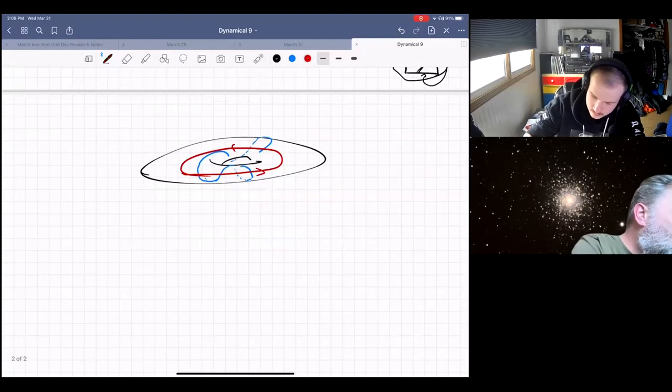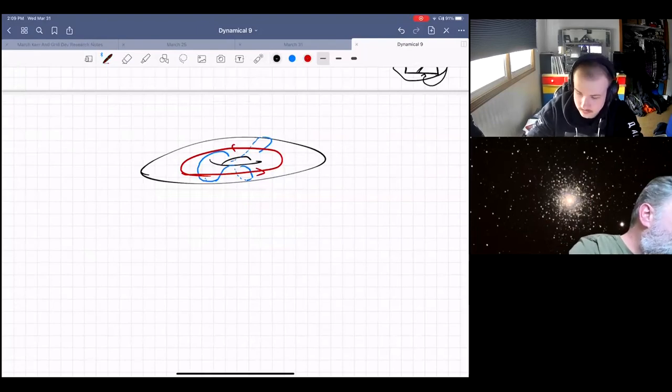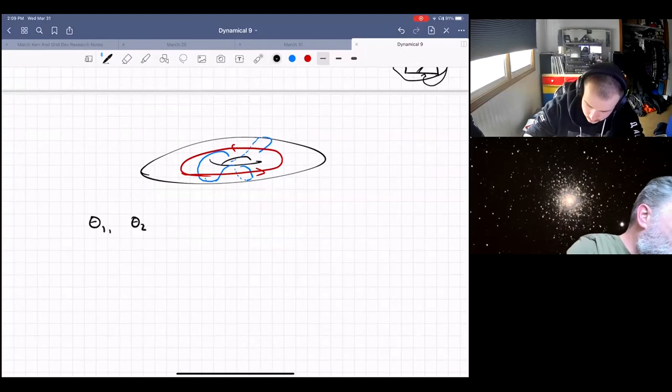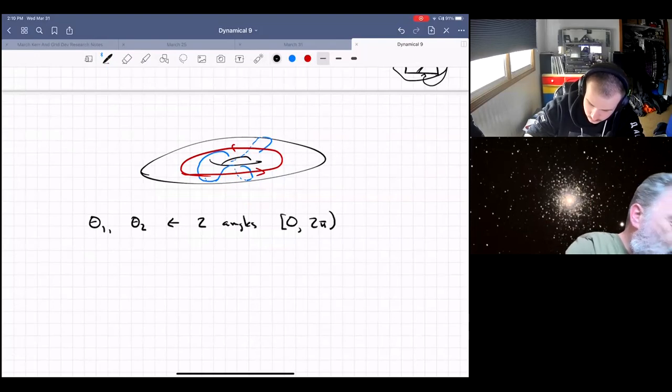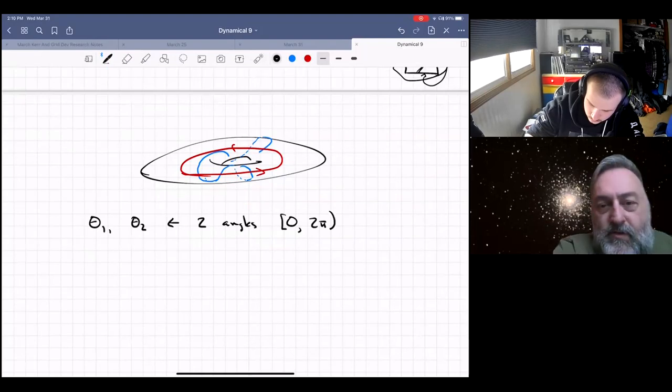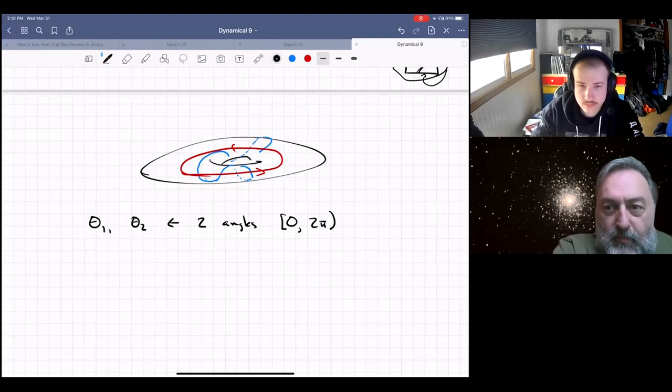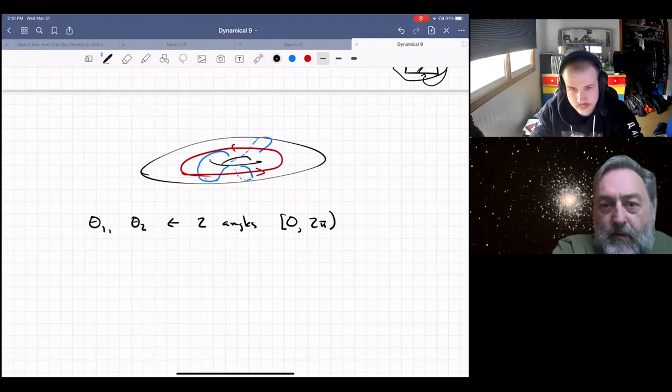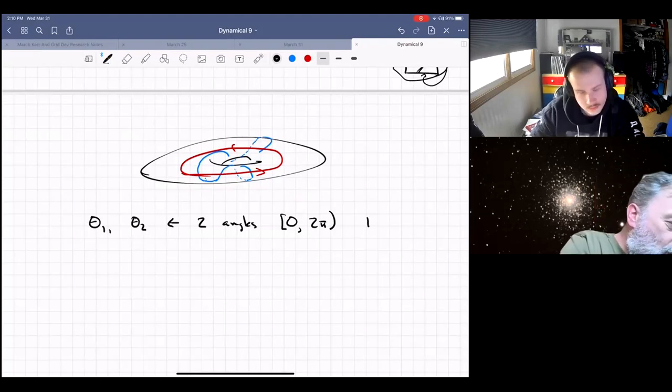And the natural coordinates are theta 1 and theta 2, that run on the interval 0 to 2 pi, but then are 2 pi cyclic. These are the coordinates of a torus.